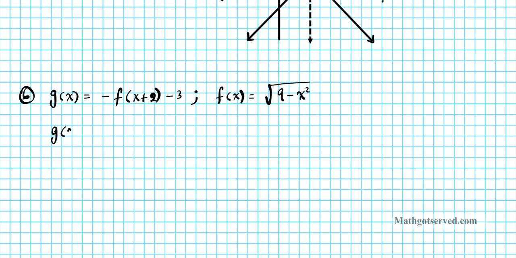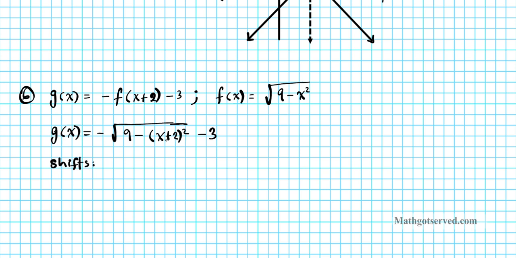So g of x, which is what you get when you compose this function with x plus 2, is going to be negative square root of 9 minus, instead of x squared, x plus 2 quantity squared, minus 3. Now let's talk about the shifts first, and then we'll address the reflections later.